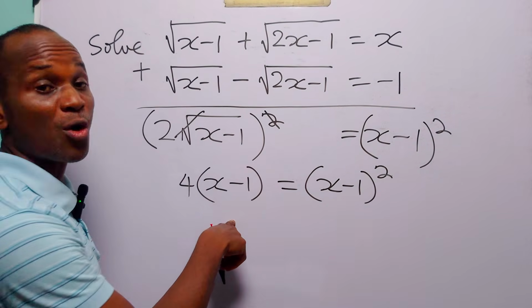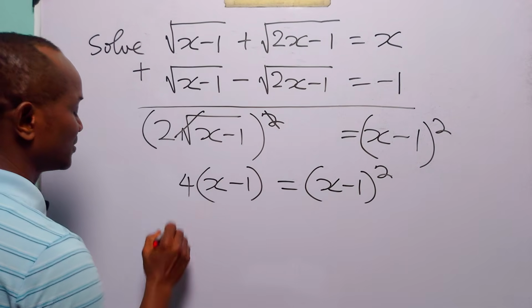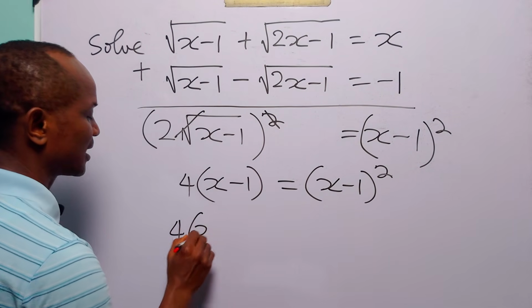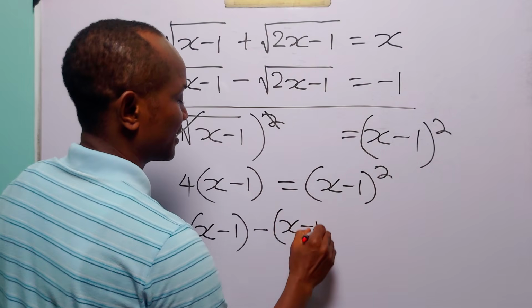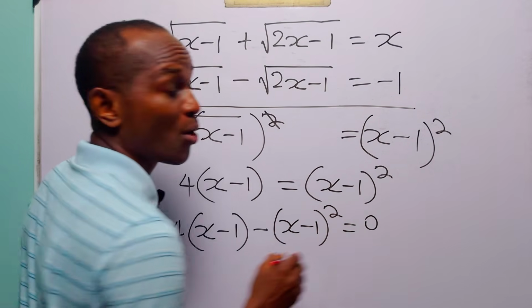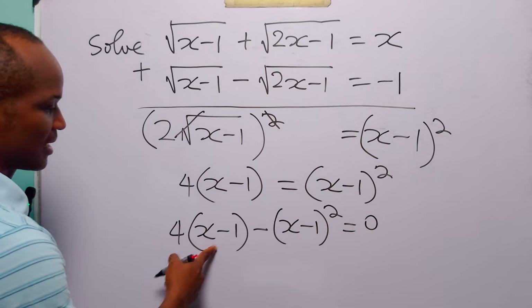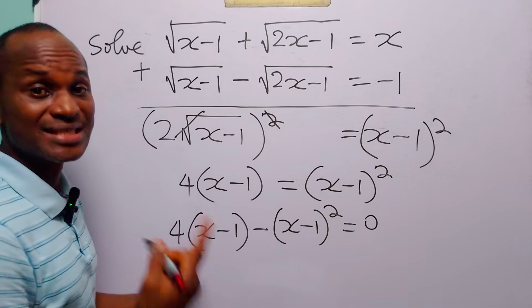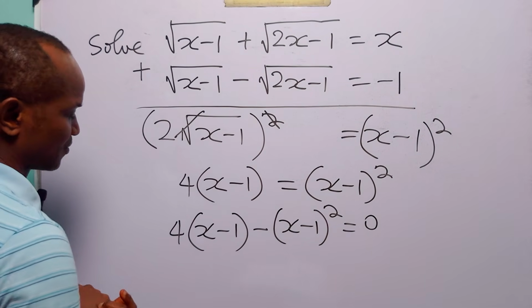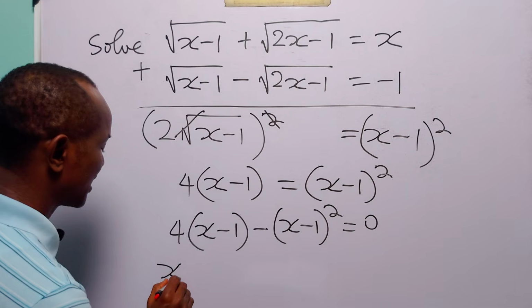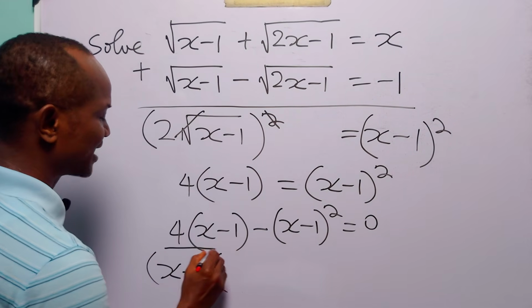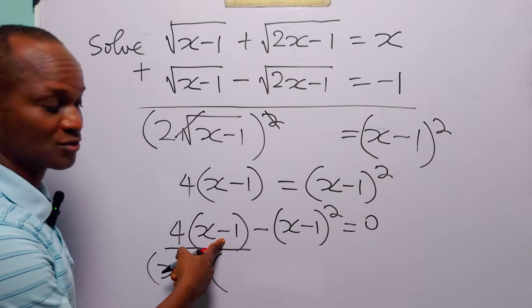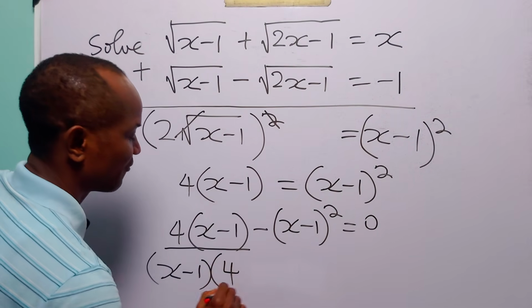Now, let us move this over to the left-hand side. When we do that, we have 4 times x minus 1 minus x minus 1 squared is equal to 0. Now, when you look at these two terms, you'll see a common factor, which is x minus 1. So we have x minus 1 into, when you divide this term by x minus 1, of course, you are left with 4.